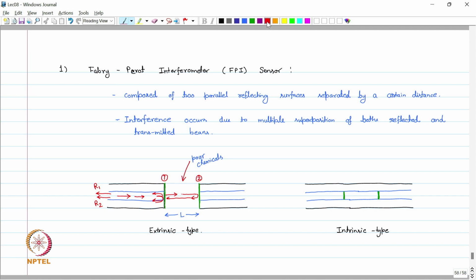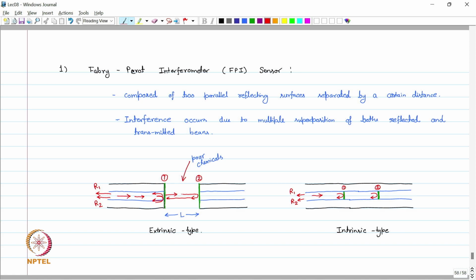And here, when we are sending this optical wave, some part will be reflected at the first interface and some part will be reflected at interface 2, and at the input side we get two waves, R1 and R2.